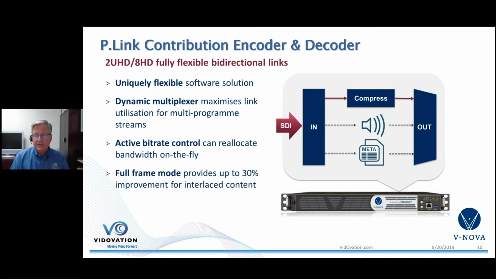So it has some unique features that help with this at-home production workflow. It's got dynamic multiplexing, so we can assign the amount of bit rate that we want to give to each video, and I'll explain how that will benefit.